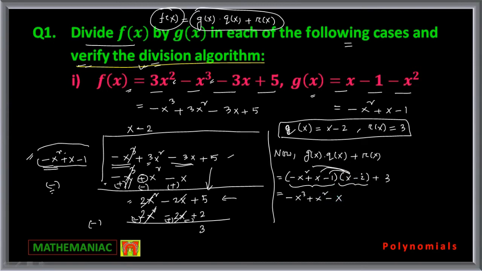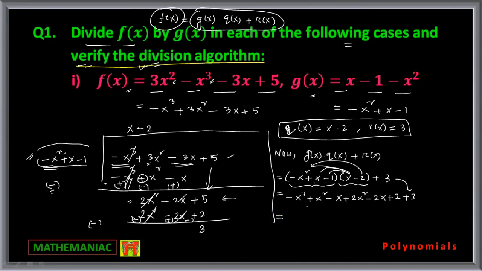Now you come to the second. Minus 2 I have to multiply with minus x squared. What will I get? It is minus 2x squared. Great. Then minus 2 I have to multiply with this plus x. What will I get? Minus twice x. Then minus 2 into minus 1 is going to give you 2. And then this 3 is already here.